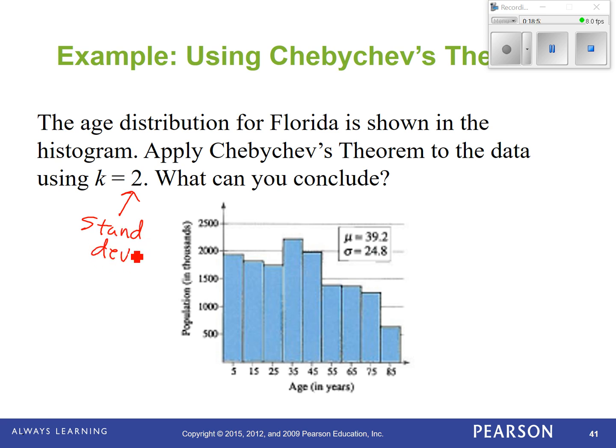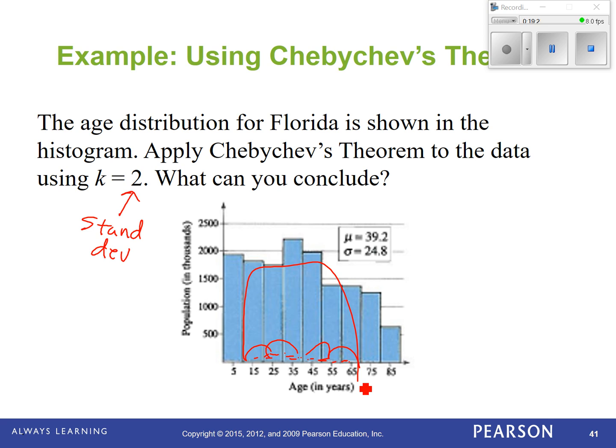We're finding the mean, wherever it falls in this range, and then going 2 standard deviations this way and 2 standard deviations that way, and we want to know what percent of the data is going to fall within there, and then we'll also use that to find something else.